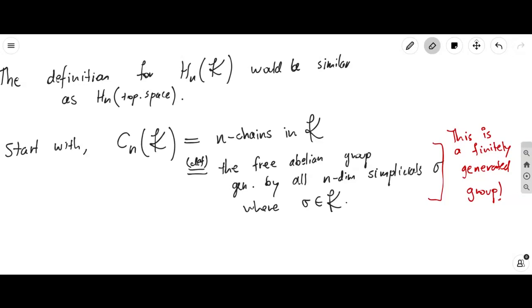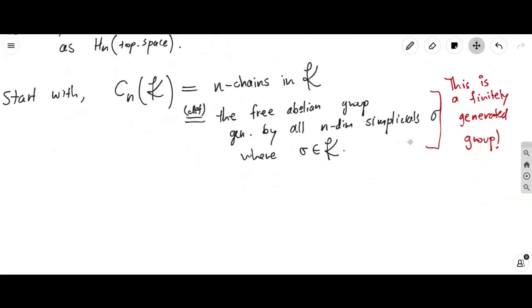That is an absolutely gigantic group, with a huge number of generators. But in the combinatorial setting, there's a finite number of generators. This means we'll be able to use this combinatorial approach to calculate these groups, because with a finite number of generators, it's something you can actually compute. So that's the way we define it. That's the definition of Cn of a complex.